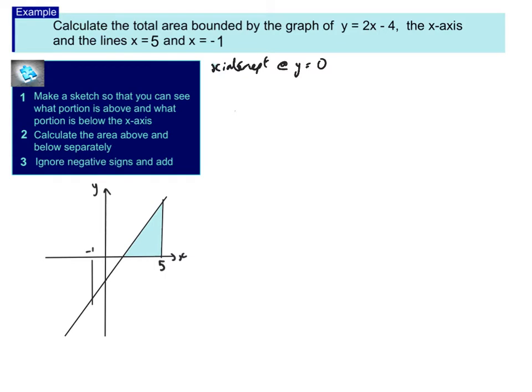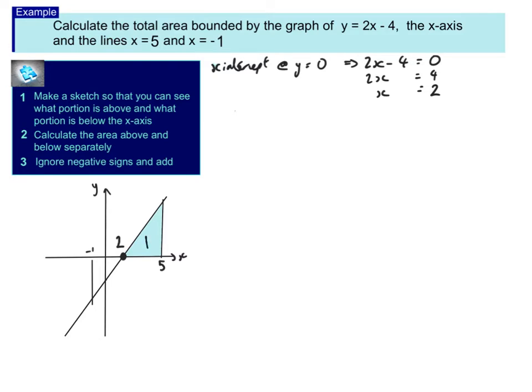So I am going to take the equation of my straight line and set it equal to 0. Solving that gives me an x-coordinate of 2. So this point here, where the line crosses the x-axis, is 2.